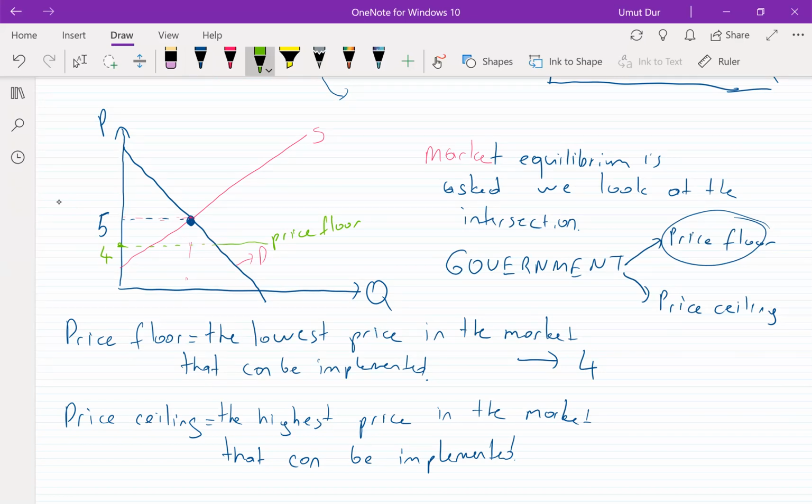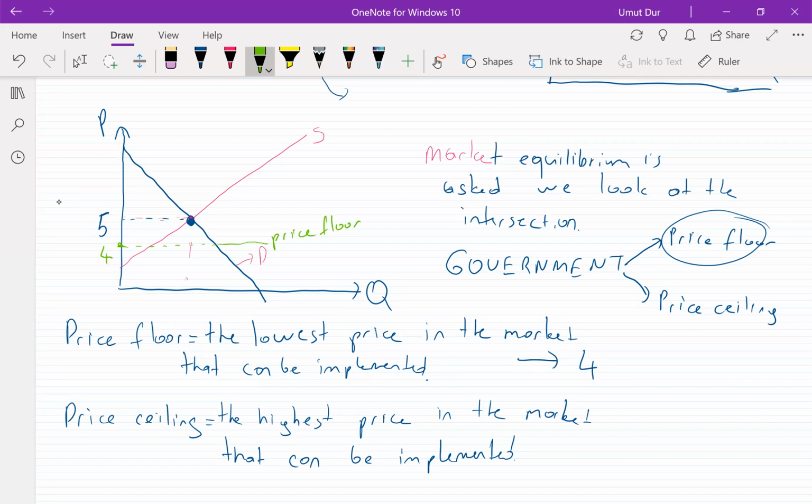Can that policy affect the market? Let me repeat it again. Without any government intervention, I find the market equilibrium price to be 5.